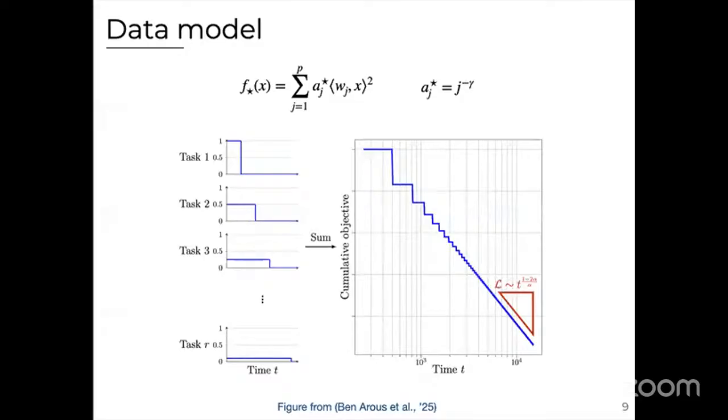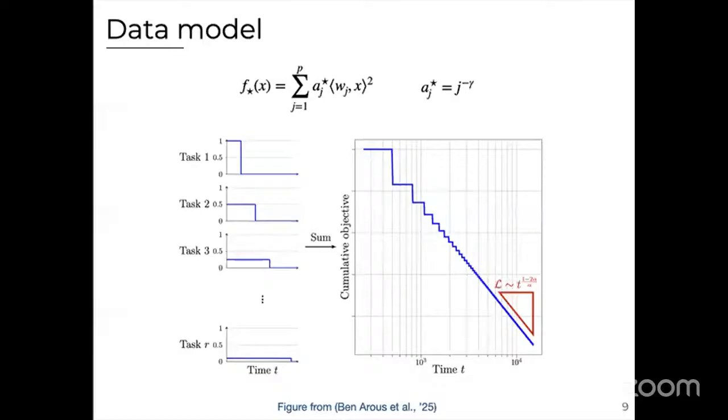I can think of this power law as essentially a sum of transitions where I'm learning each of these individual tasks. This is what we call a hierarchical multi-index model. It's a special case of the multi-index model that I spoke about this morning, where you have an additive structure, and this structure is hierarchical, where the first coefficient is more important than the second, which is more important than the third, and so on.